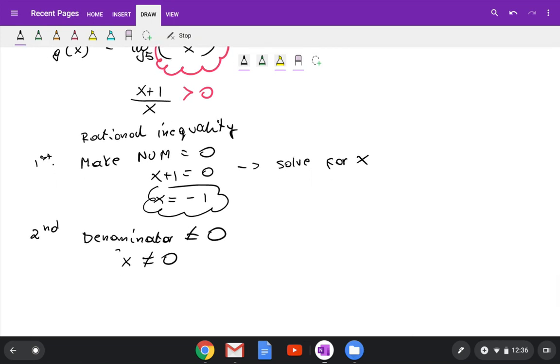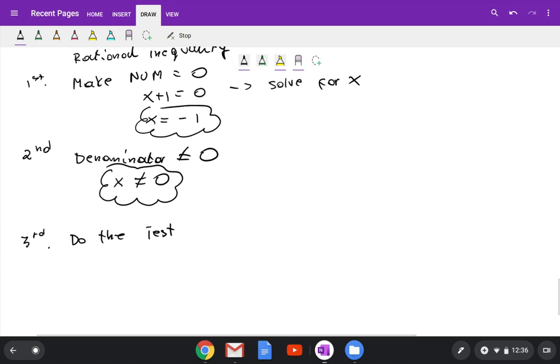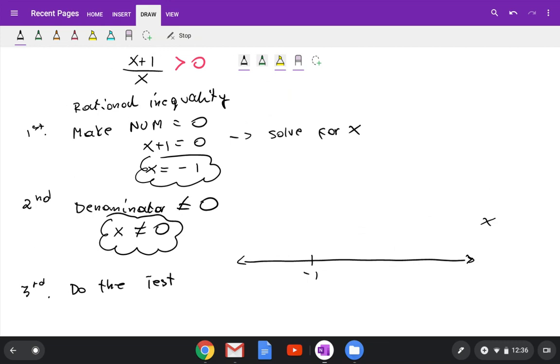Okay, save that. So when you solve those two easy equations, you're going to build the number line. Those are our x values. We made the numerator equal 0 and ended up with x equal -1. You're going to keep your circle open because you have a strict inequality.